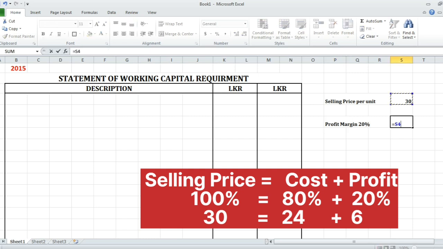So 30 rupees into 20% equals 6 rupees profit. So now we can find the cost of sales per unit. Cost of sales per unit is selling price per unit minus profit per unit. So 24 rupees is the cost of sales per unit.